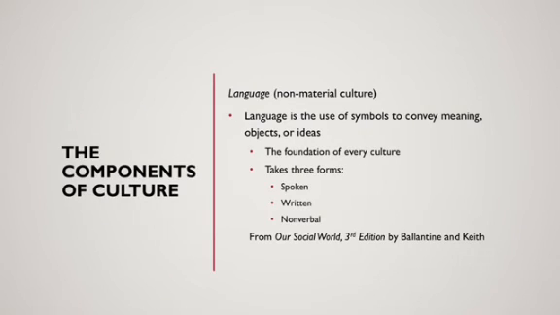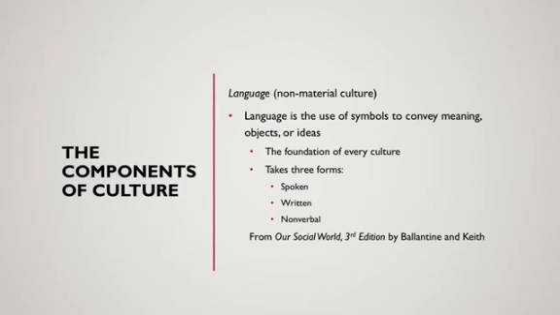So, what I said in the beginning of this slideshow was that language becomes part of the way we transmit and learn our values. It's how we learn our beliefs. It's how people become socialized in society, how they learn about what's normative behavior versus abnormal behavior. And so language is used as a symbol to convey meaning, objects, and ideas.